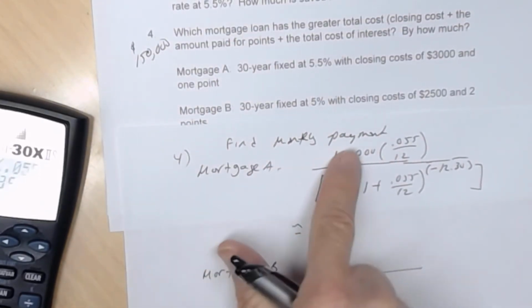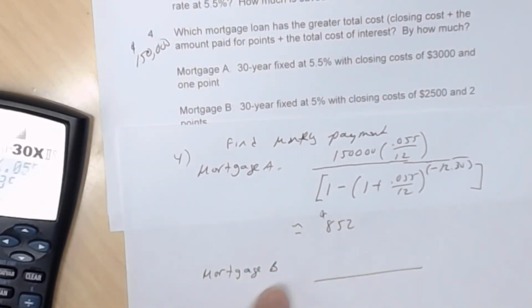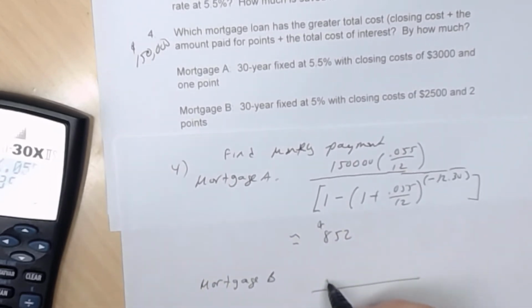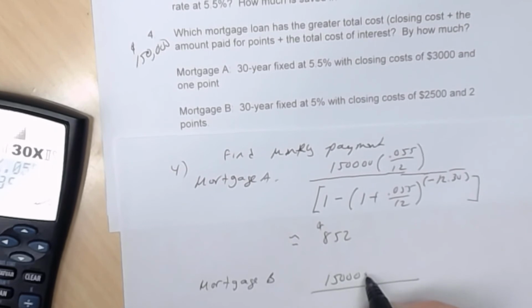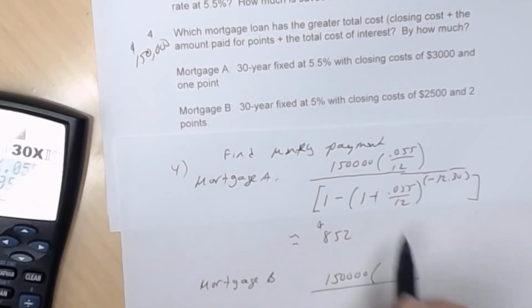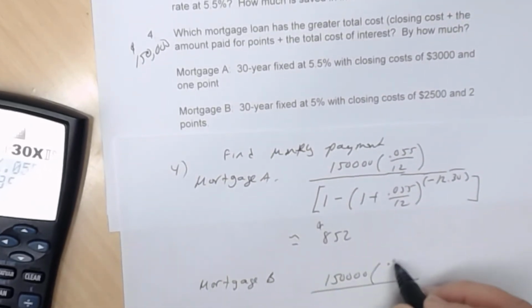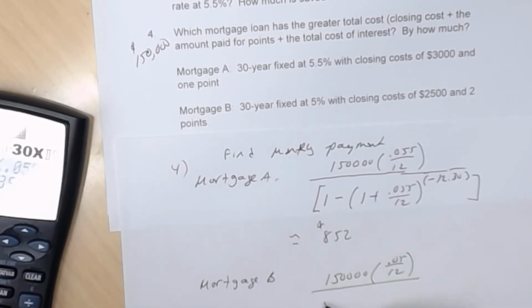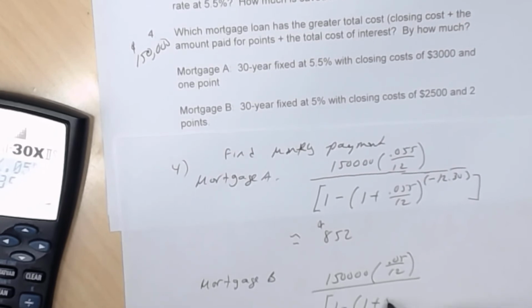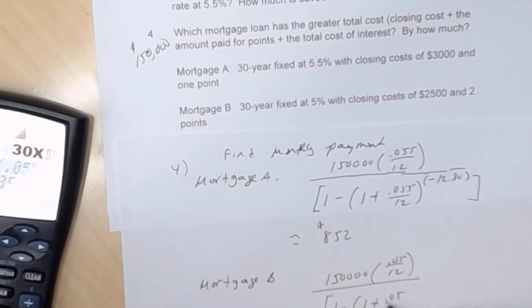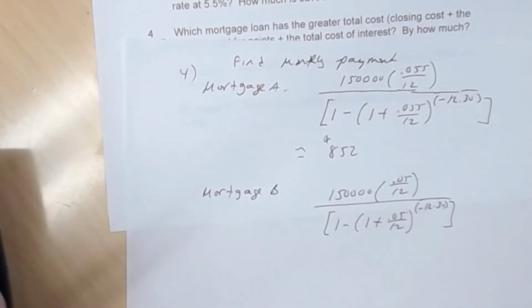So all I did first of all is find the monthly payment. The monthly payment for mortgage A is this. For mortgage B, let's find out what it is. $150,000 times, and this is 5% this time, so 0.05 divided by 12, bracket 1 minus 1 plus 0.05 divided by 12, raised to the negative 12 times 30, and then bracket. All right, so let's see what that amount is.